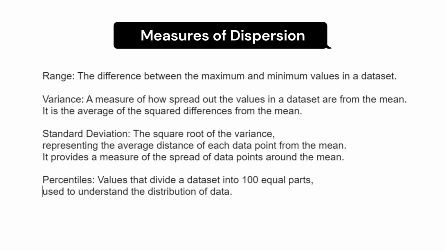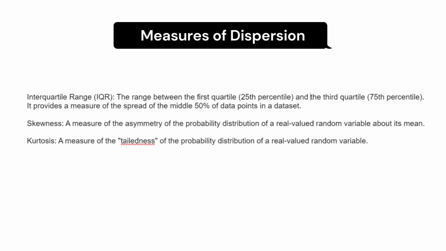Now the third one, it includes standard deviation, the most important, the square root of your variance, representing the average distance of each data point from the mean. Okay, now the fourth one is percentile, value that divides the data set into 100 equal parts. We will talk more in detail. Next we have interquartile range, the range between the first quartile, the 25th percentile, and the third quartile, which is the 75th percentile.